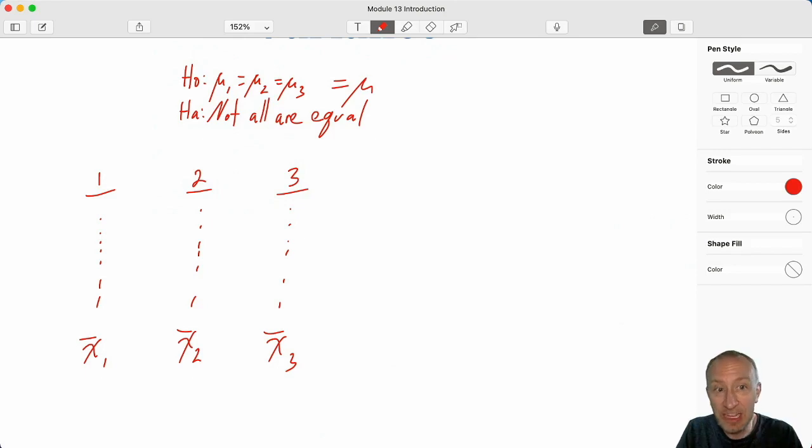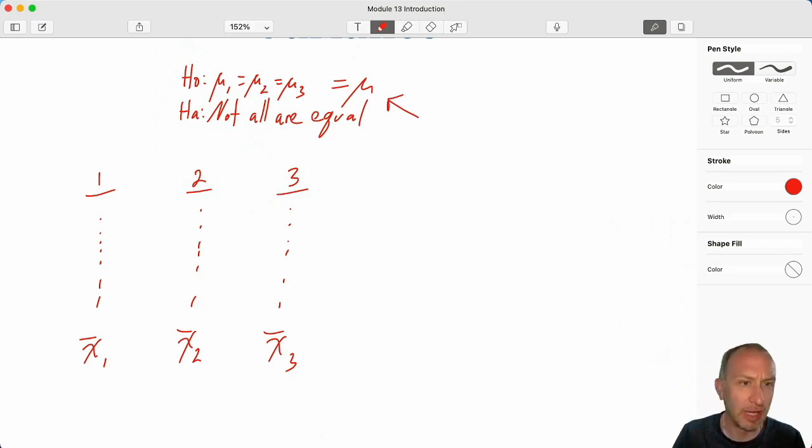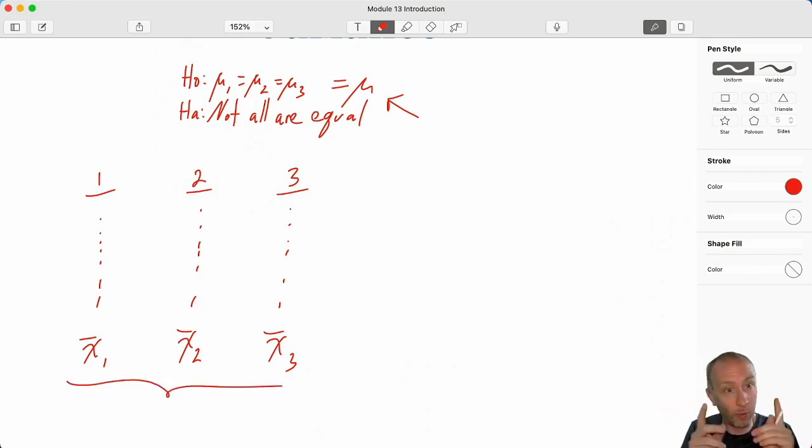So what I need for this test that we're going to do is a point estimate of what that true common unknown population mean is, under the assumption that the null is true and all of these samples come from one distribution with population mean mu.